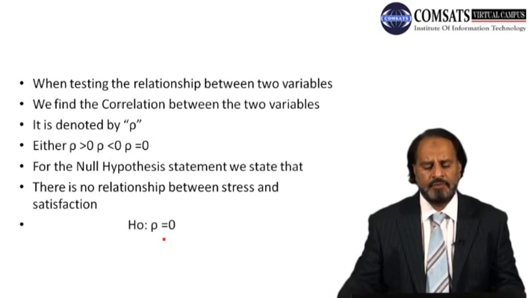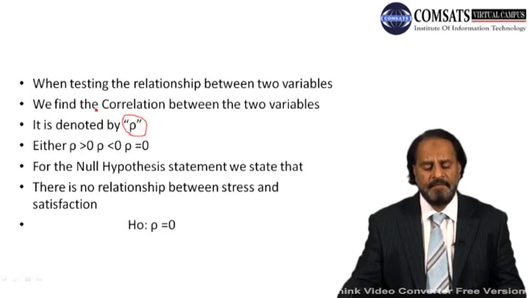For that, the notation we use to indicate that there is a relationship is the term rho. Okay, this is the symbol we use to indicate that there is a correlation between certain variables, and rho is denoted by a small p.